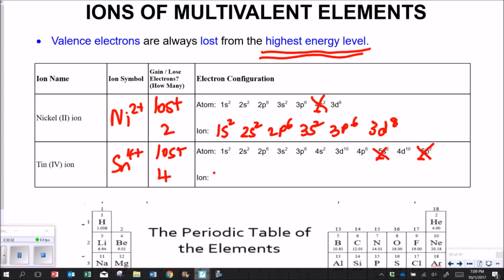So the ion will be 1s2, 2s2, 2p6, 3s2, 3p6, 4s2, 3d10, 4p6. We've lost 5s2, we have 4d10, and we've lost 5p2.